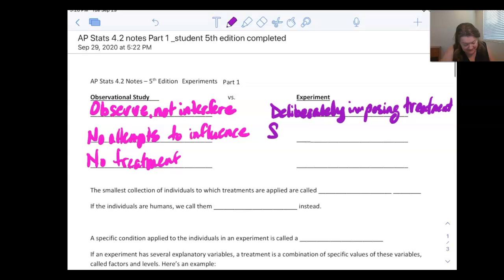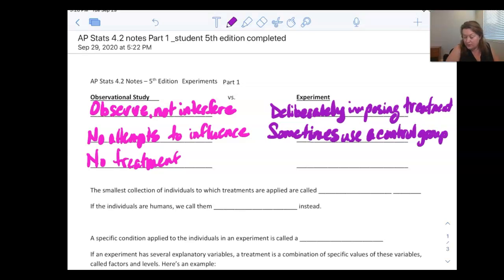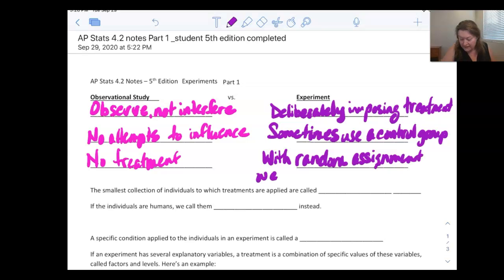It sometimes has a control group, but it doesn't have to. A good experimental design does. And if we do an experiment with random assignment, we're going to talk about what that means, we can lead to cause and effect.